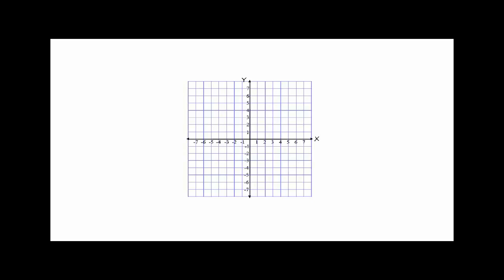For example, suppose that we have this equation. This is what we call a linear equation because it has two variables, and when we draw it, it will be a straight line. So to draw this line, we need to find some points on this line, and these points are solutions for this equation.